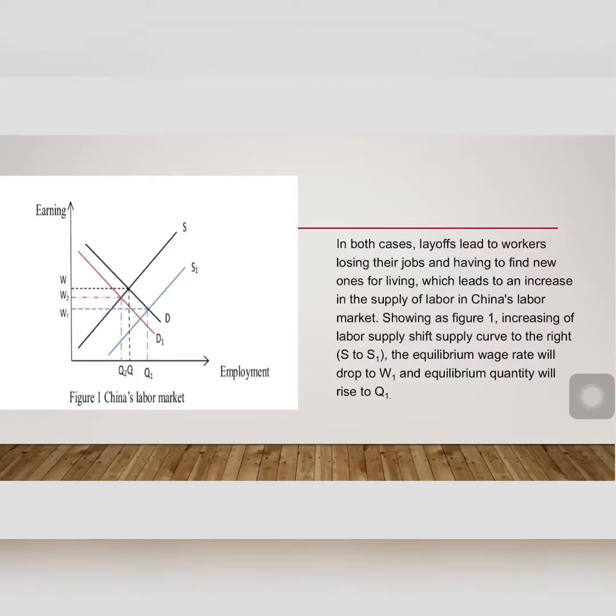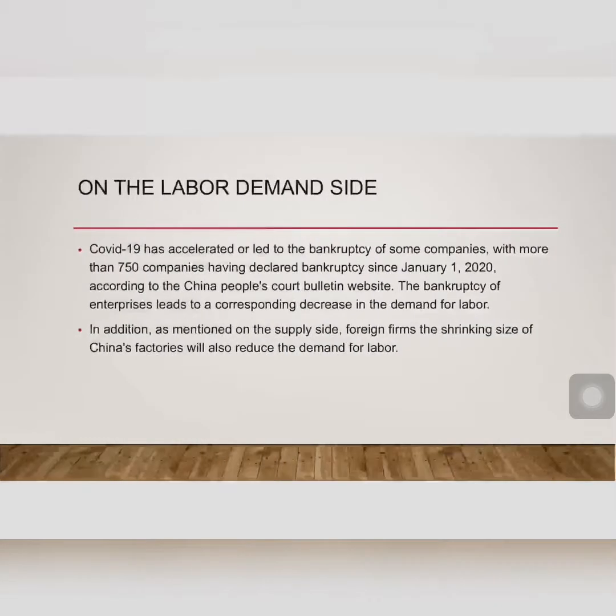In both cases, layoffs lead to workers losing their jobs and having to find new ones for a living, which leads to an increase in the supply of labor, shown in Figure 1. The increase of labor supply shifts the supply curve to the right, S to S1, the wage rate will drop to W1, and quantity will rise to Q1.